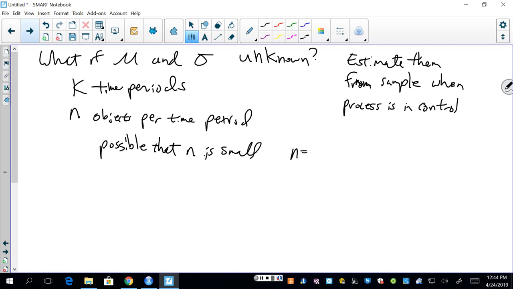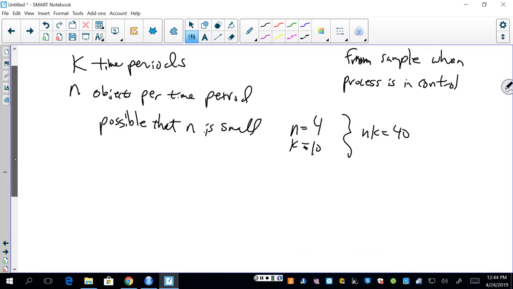It could be 4 and maybe k, 10 time periods. So if you start out with n times k, that's 40 measurements over time. It'll cost you money to do the evaluations and check quality, or it slows things down and so on. Samples may not be that big.